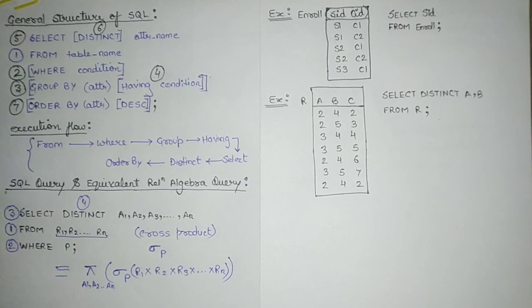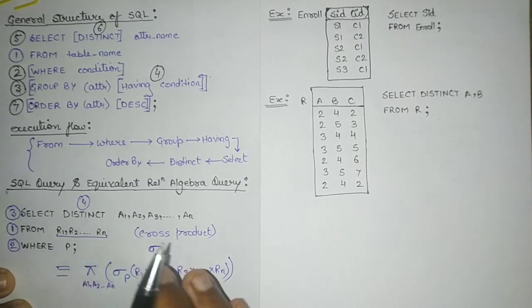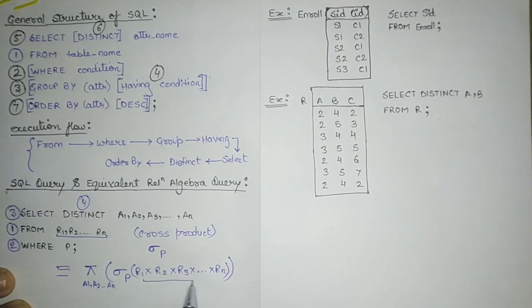So I hope you got an idea of the specific order, how we are resolving that, and how we can convert it. Now with this particular relational algebra query, you can easily understand the flow. How? Because I already told you that in relational algebra, the expansion always starts from the inner query. So what is the inner query? This one.